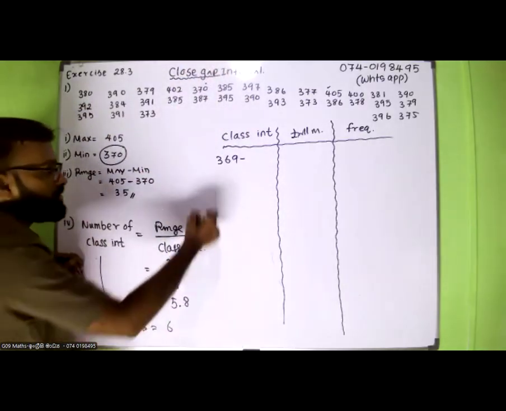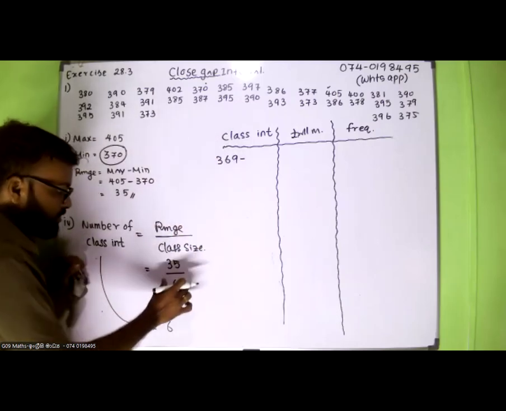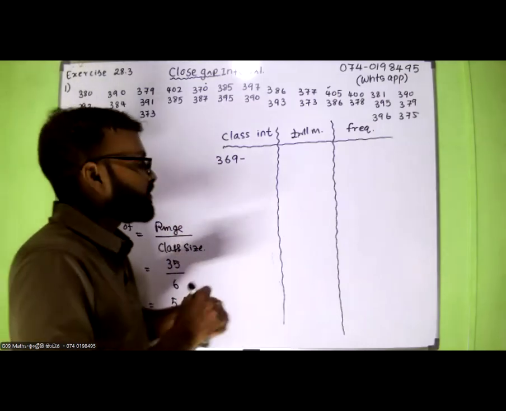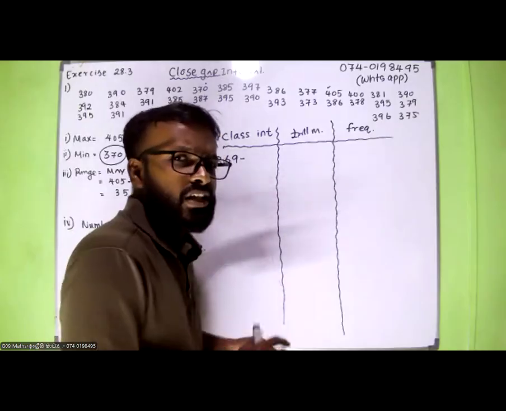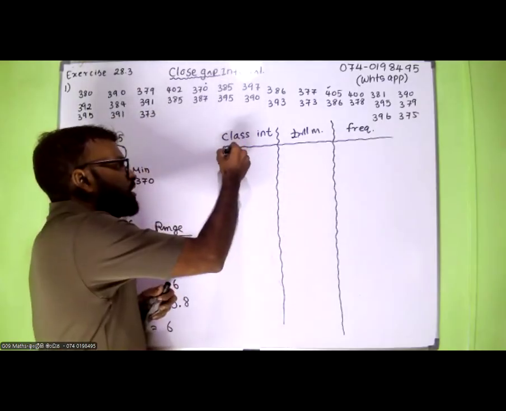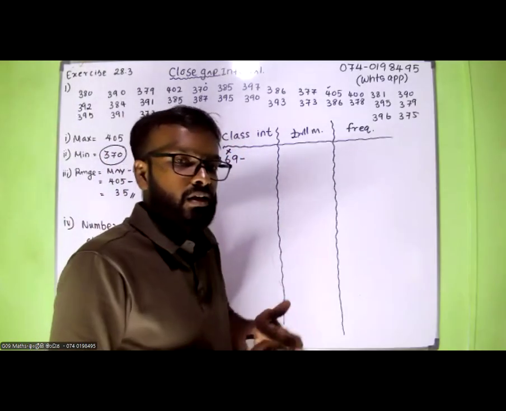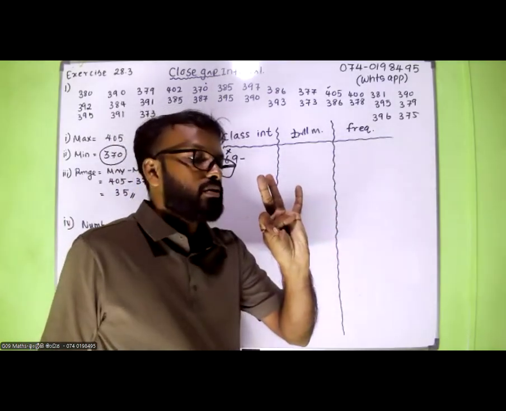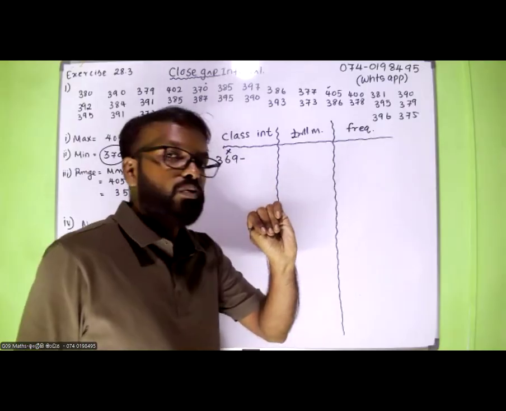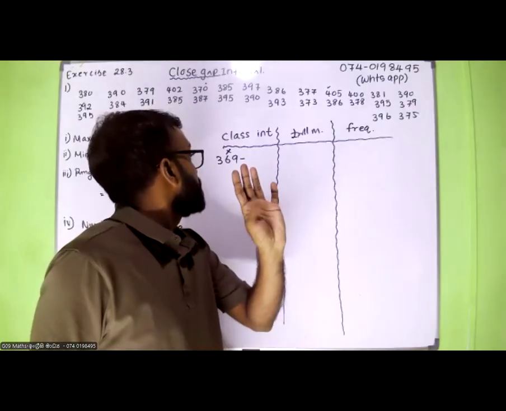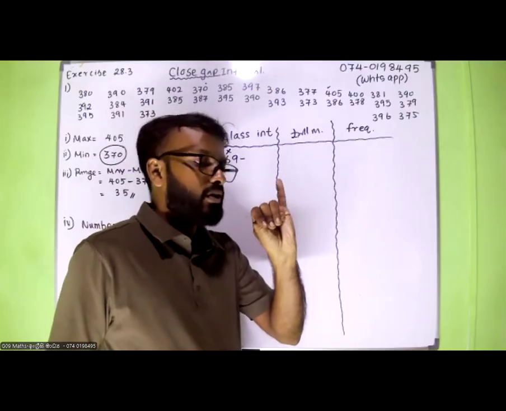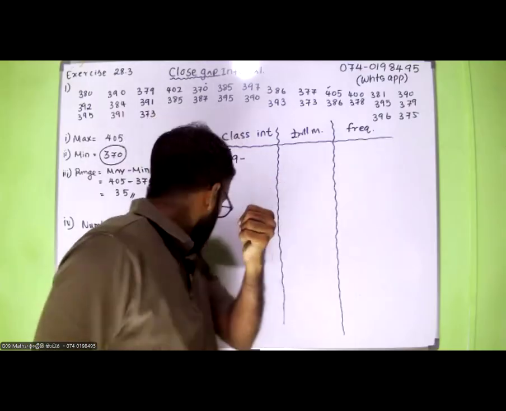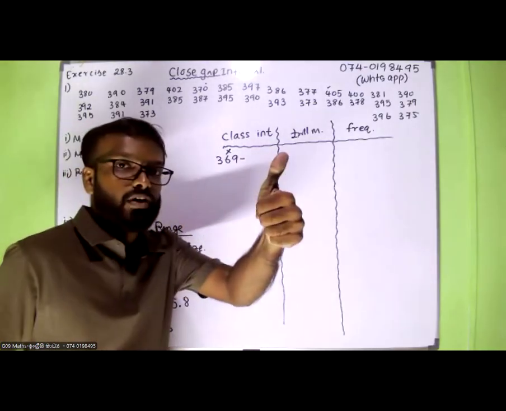The class width should be 6, correct? So 369 is not included. So 370, 71, 72, 73, 74, 75.